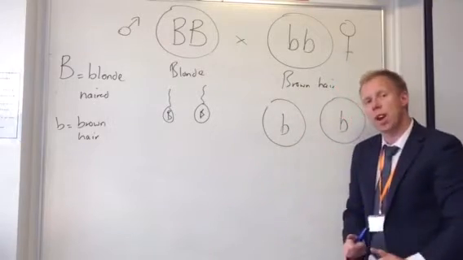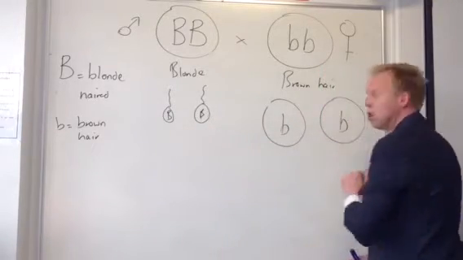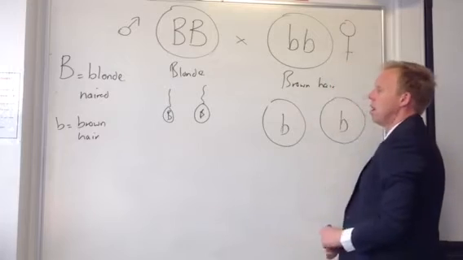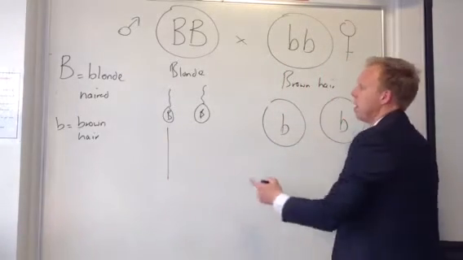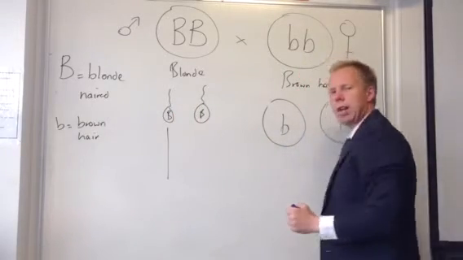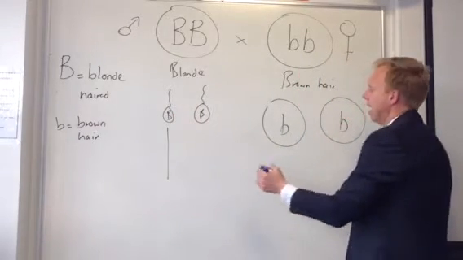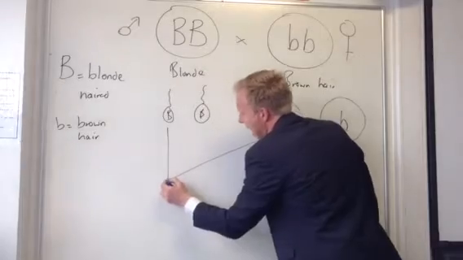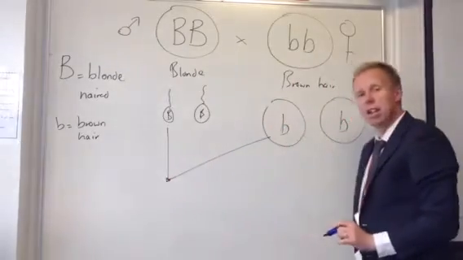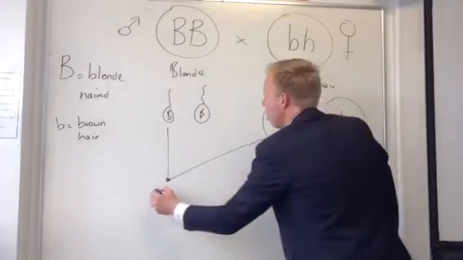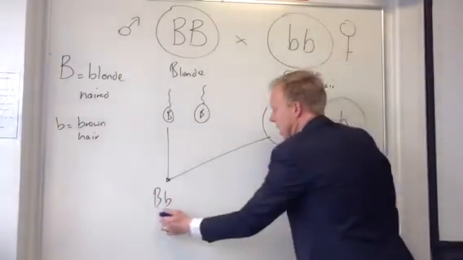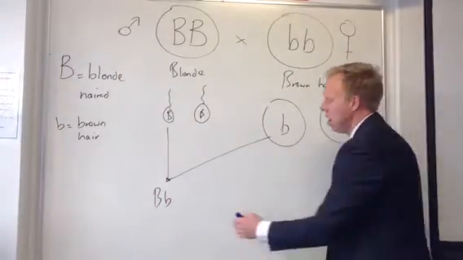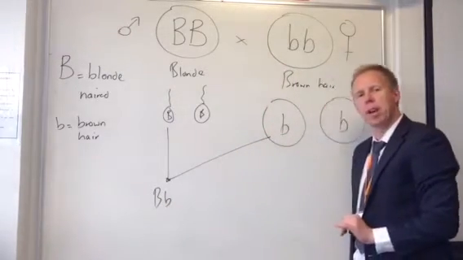There are two ways of showing the potential combinations. I'm going to do it the first way. The sperm that carries the big B allele could join with the egg that carries the little b allele, and we would produce an offspring with a genotype, or genes, of big B, little b.